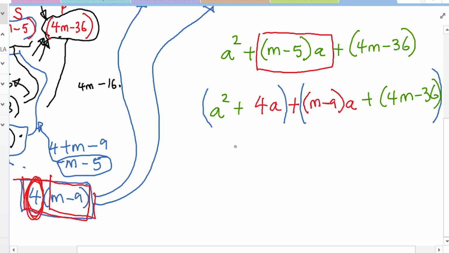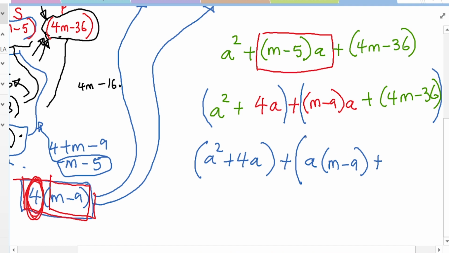Let's try and simplify this further. This becomes a squared plus 4a, plus in brackets, let's put a into m minus 9 plus, this is like a big bracket right there, plus let's put 4 outside the brackets here, 4 into m minus 9.